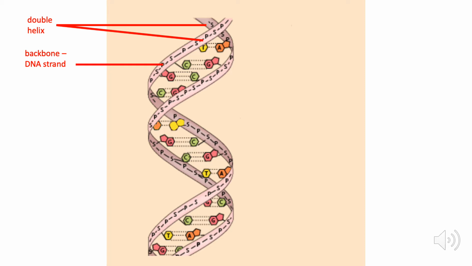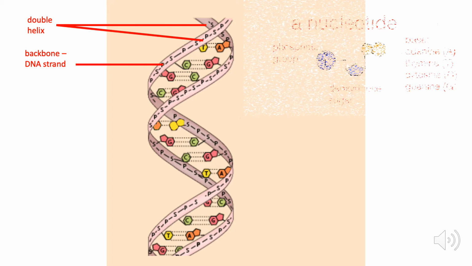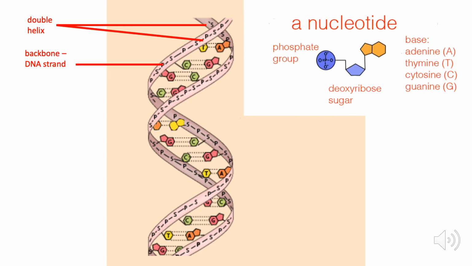The sugar, S, is deoxyribose. Attached to the sugar is a phosphate group, P, and also a base. The sugar phosphate base together make up a unit that we call a nucleotide. A DNA molecule consists of many thousands of nucleotides joined together.